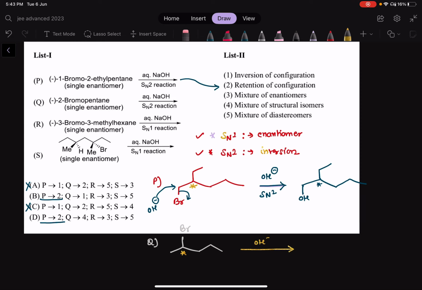And when OH minus ion is reacting with this one in an SN2 mode, the mode is already provided. That means since the OH minus is attacking the chiral center itself, we'll have inversion of configuration taking place. Inversion of configuration, that means Q will match with 1.